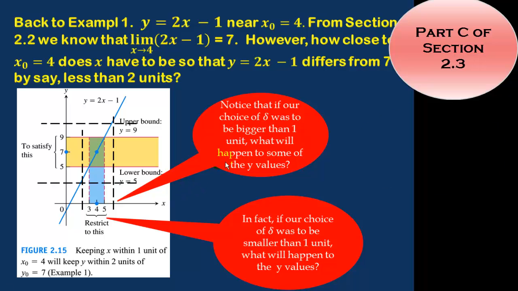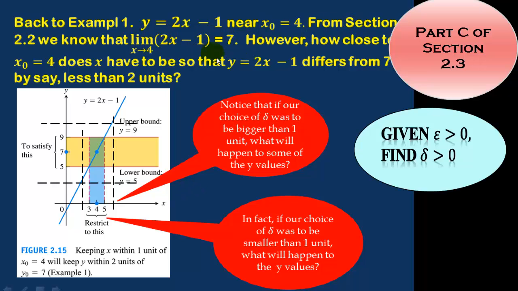Back to example 1. From section 2.2, we said this already, that the limit is 7. And however close, we said that if it is 1 unit away from 4, we are guaranteed that the y values stay within 2 units away from 7, from this light yellow horizontal strip.